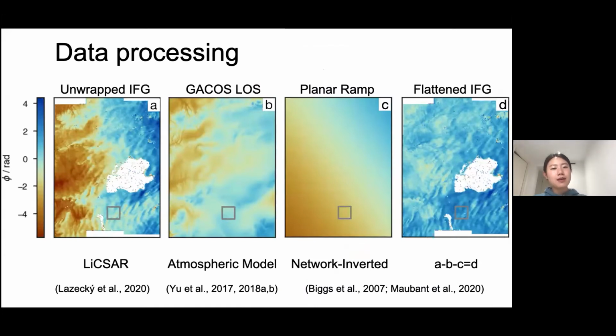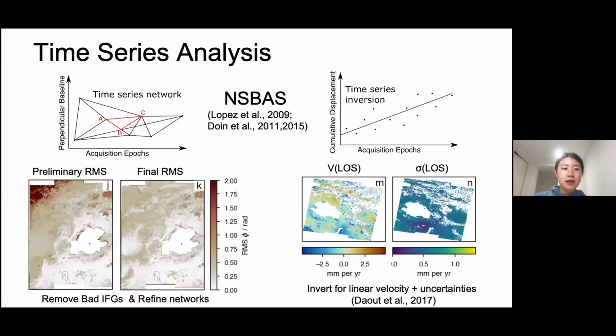In terms of data processing, we first generate the unwrapped interferograms using LiCSAR, and take out from the unwrapped interferograms the atmospheric delay produced by the GACOS weather model, and take out a planar ramp that is inverted from the network so as to get a flattened interferogram. The flattened interferograms help us identify unwrapping mistakes using the NSBAS method.